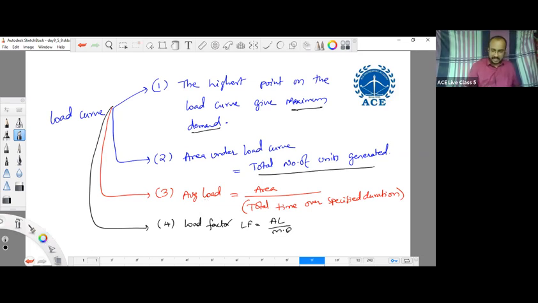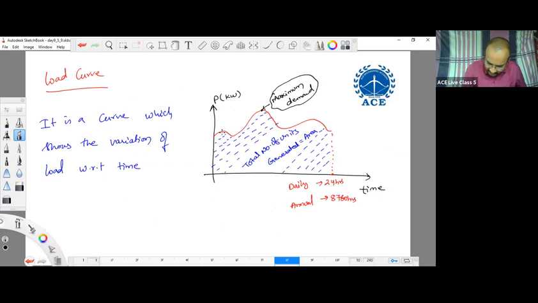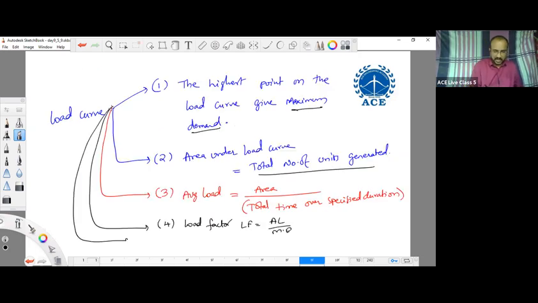And still, what we can calculate by observing this load curve is the load at that respective point of time. The load at a specified time can be obtained by using this load curve.